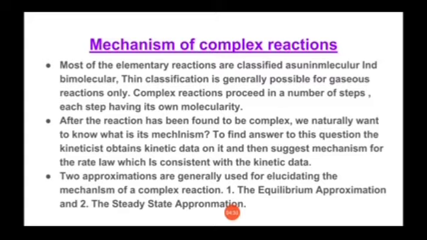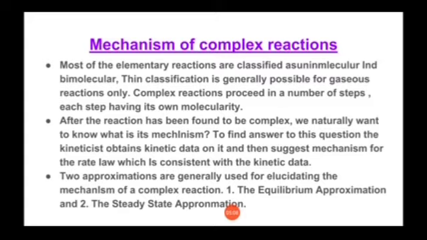Now after the reaction has been found to be complex, we naturally want to know what its mechanism is, because students, you also study organic chemistry. You know that for a chemical reaction the reaction mechanism is the most important part, so you want to know that. And to find the answer to this question, the kineticist obtains kinetic data on it and then suggests a mechanism for the rate law, which is consistent with the kinetic data.